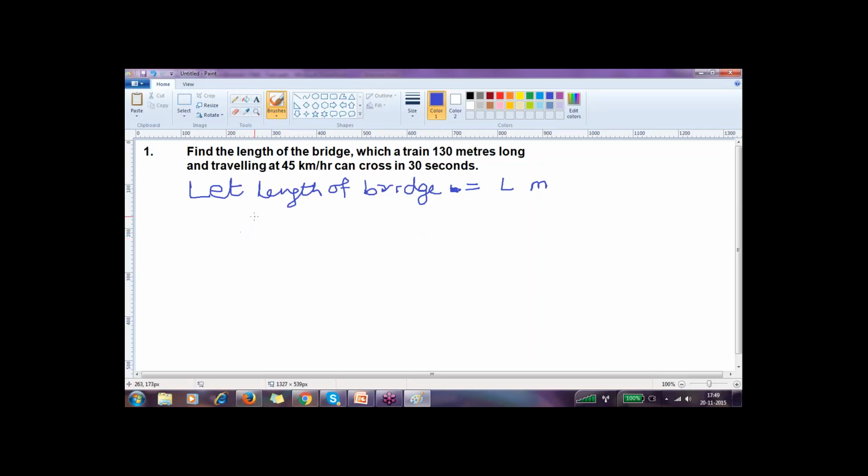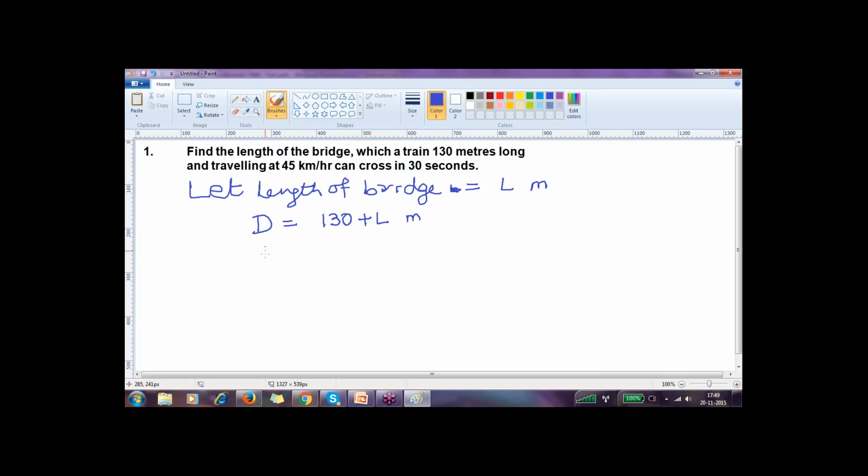So now what is the distance here? The situation is the same as a train crossing a platform. So the distance will be 130, which is the length of the train, plus the length of the bridge in meters.